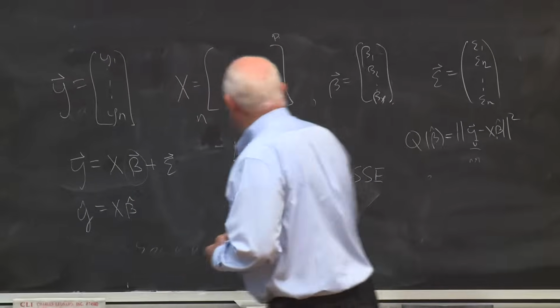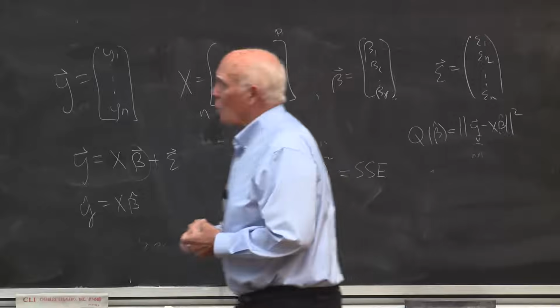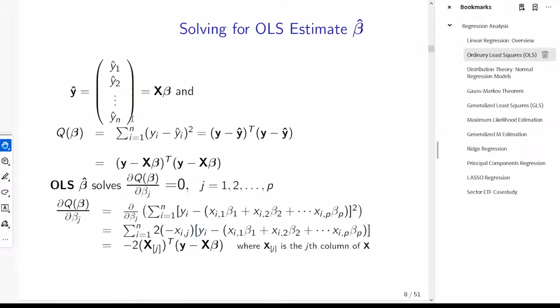Now, because this criterion is a quadratic in the regression coefficients, we can simply take derivatives of q and set those derivatives equal to 0. So that's the first order conditions.